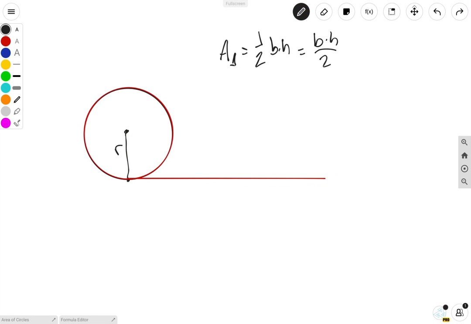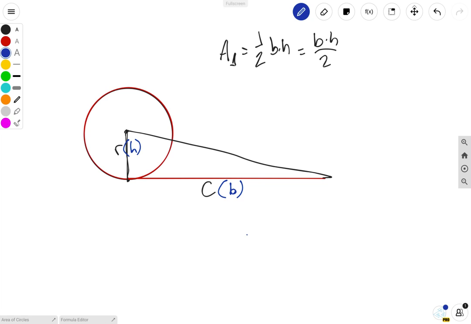Actually, I'll do radius, we'll just keep that in black. So that will be the height of our triangle, and then I'll make this into a triangle. So now this is the circumference, or the base of our triangle, and over here we have the radius, or the height of our triangle.